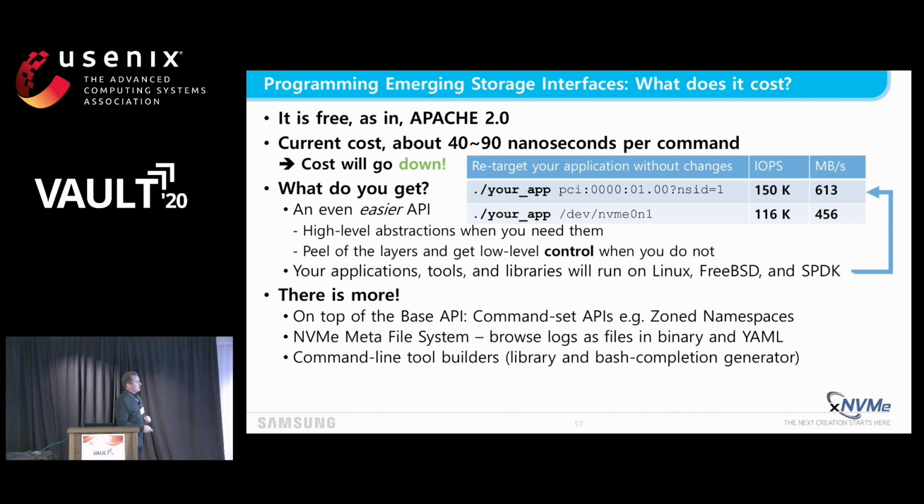Also, there's this funky NVMe meta file system that allows you to use file system abstractions to browse through your NVMe drive, where it provides binary files of things like your log pages, and also shows them in a YAML representation. So you get this funky way of browsing all of the metadata on your drive as though it was a file system. And there are some command line tool builders that will also generate batch completions for you, and some other helper tools.